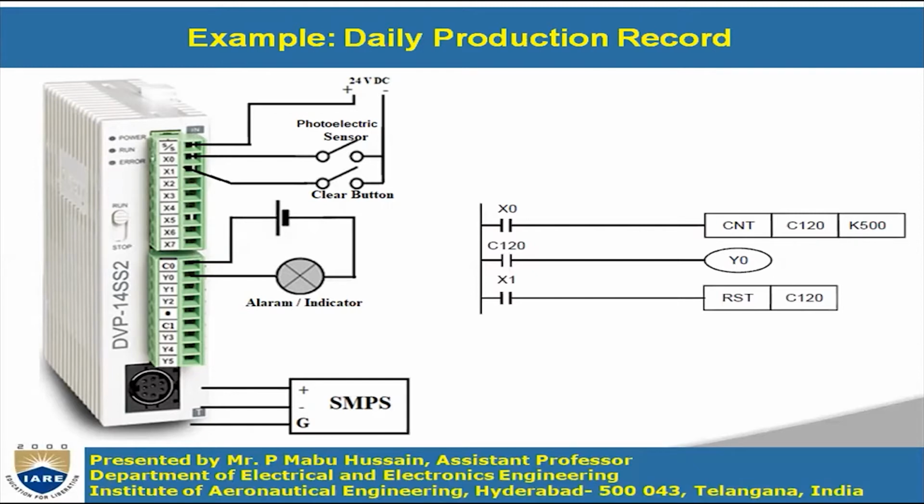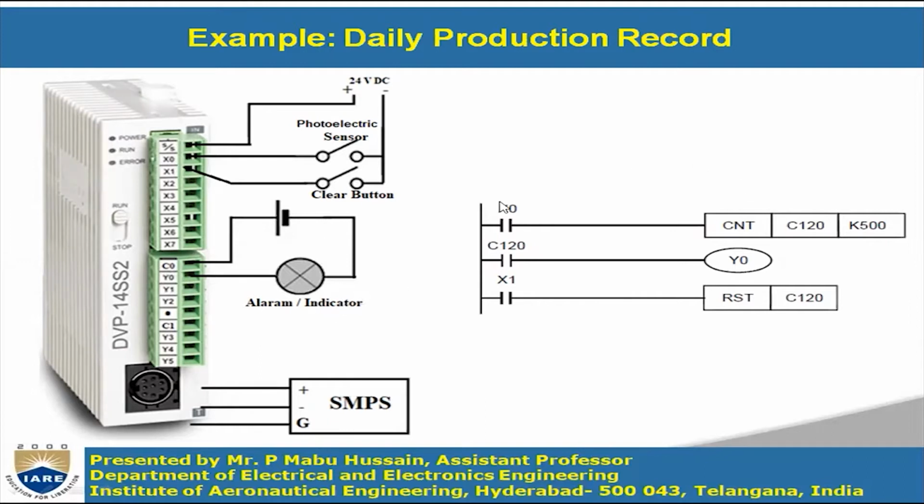As the products come in, the counter increments by 1, 1, 1, 1 like that. Whenever it reaches the target, Y0 has to turn on and the alarm or indicator has to glow.